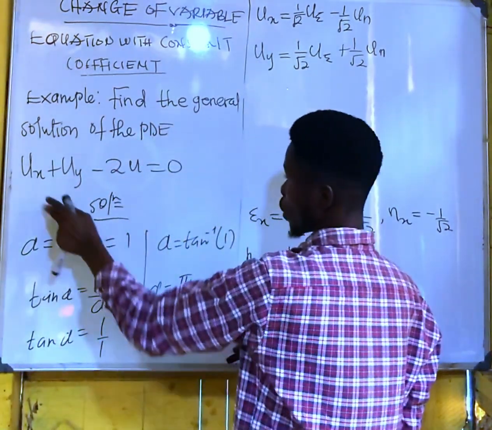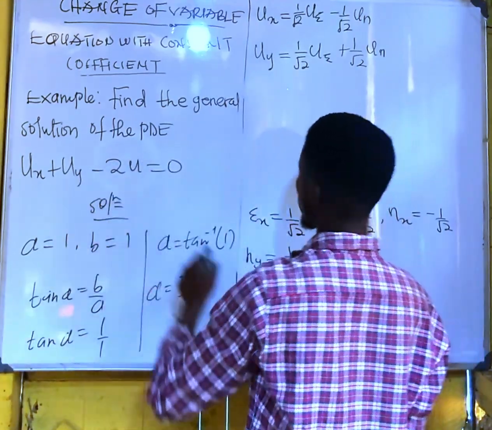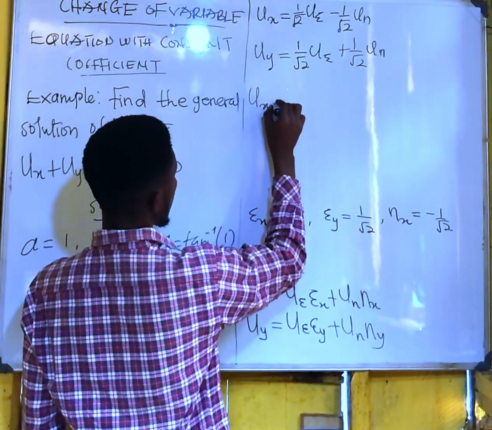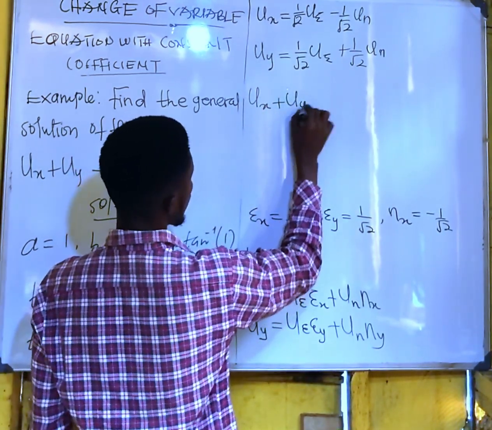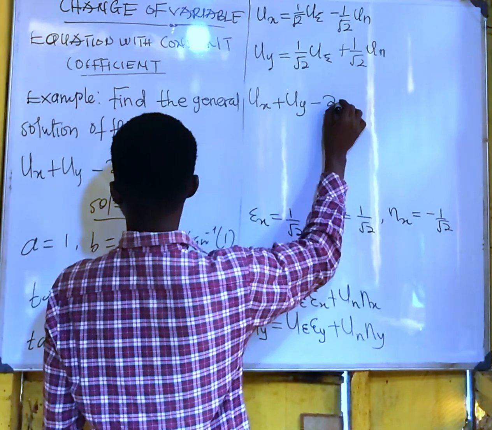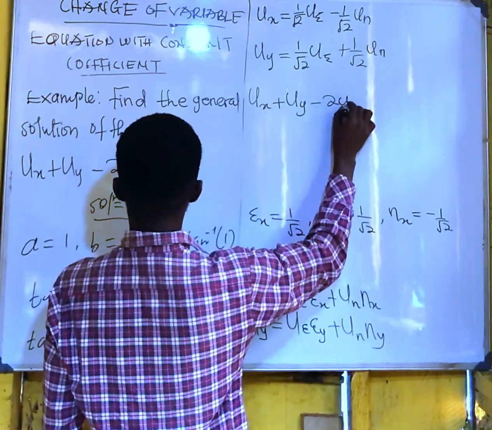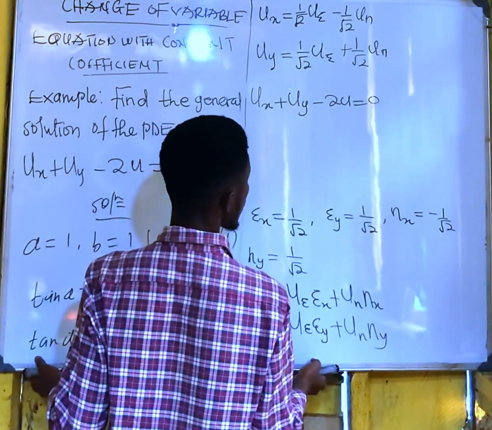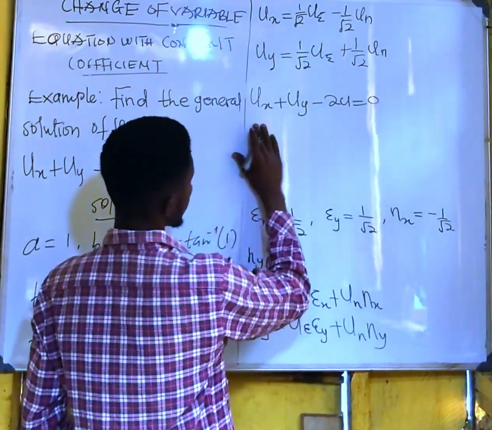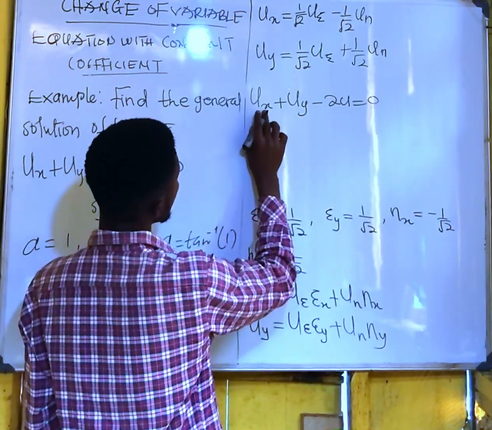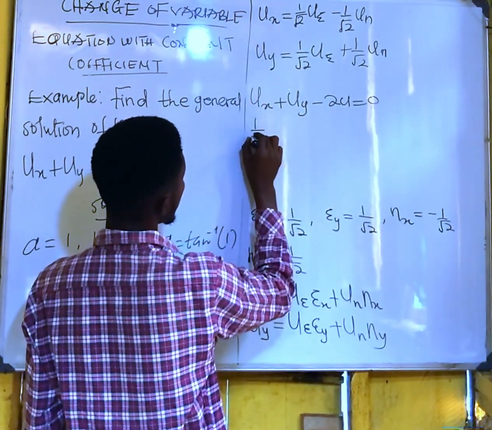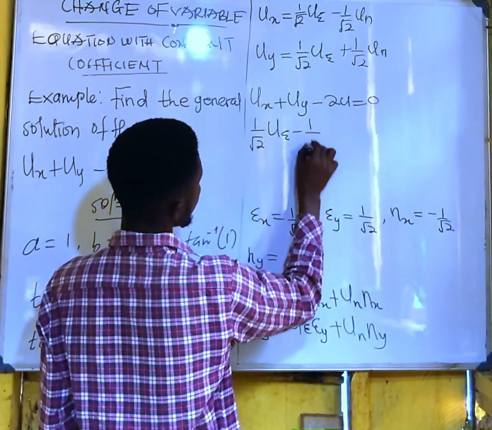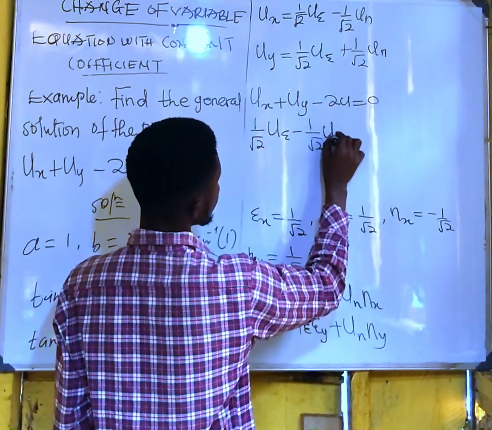So you just come back to this equation, then you substitute this one there. Let me repeat the equation. The equation was u x plus u y minus 2u equals 0. So here u x is 1 over root 2 u xi minus 1 over root 2 u eta.